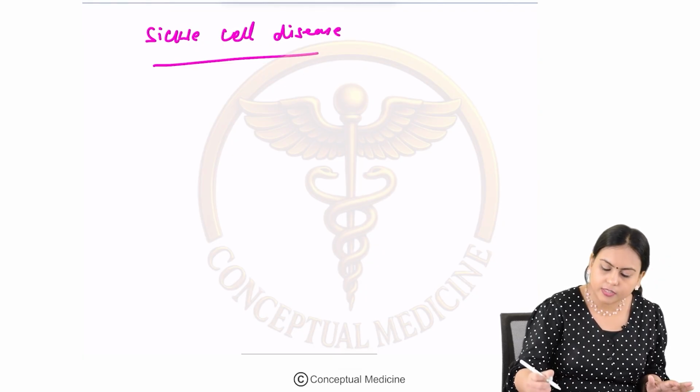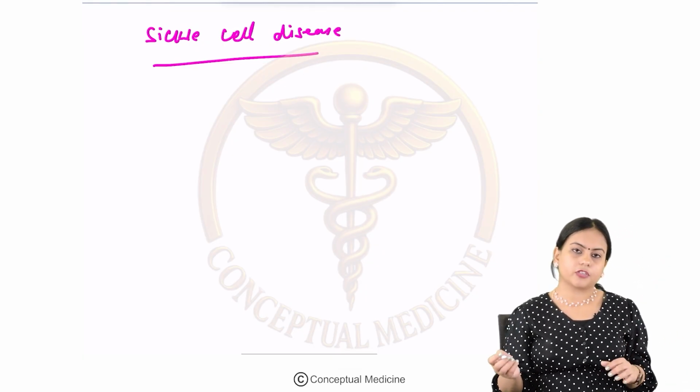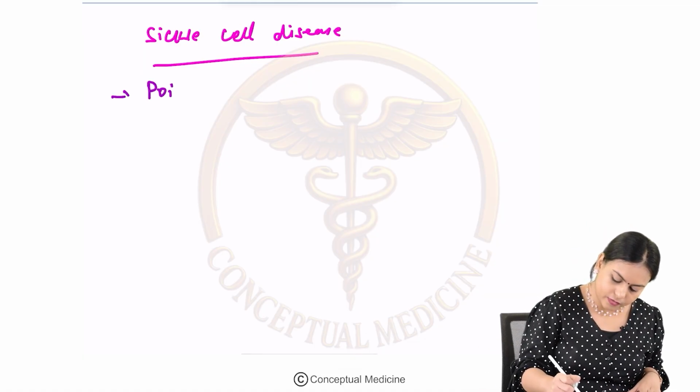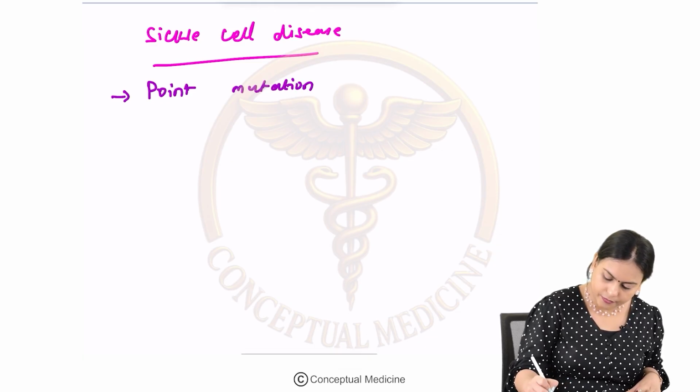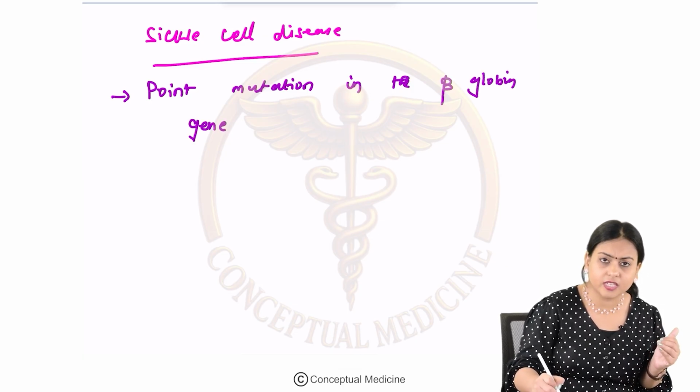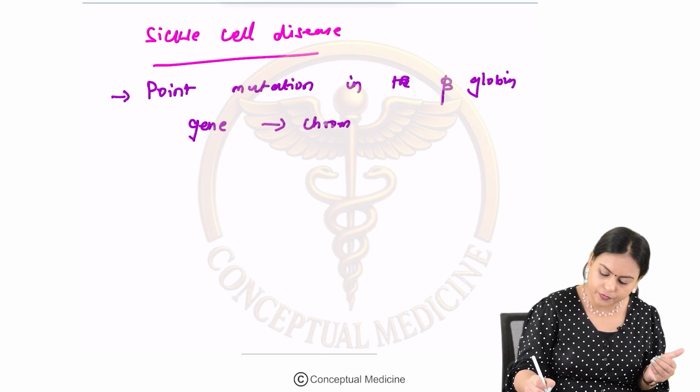What is going to happen is there is a point mutation in the beta globin gene, and this gene is present on chromosome 2.